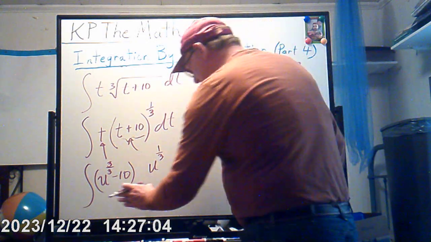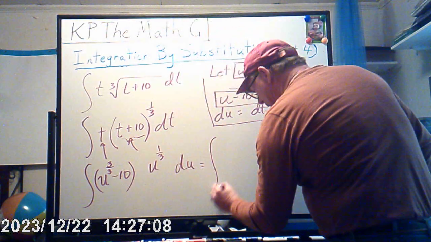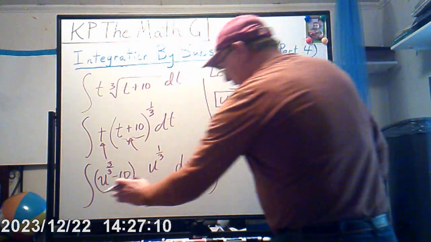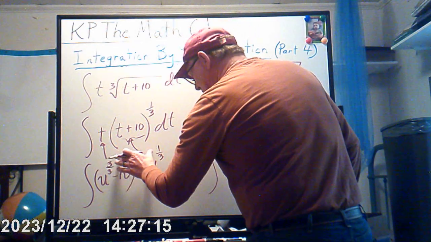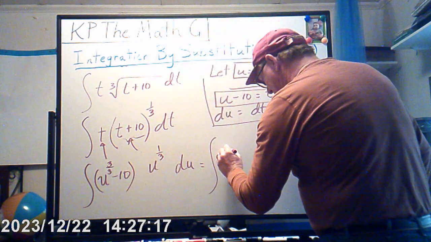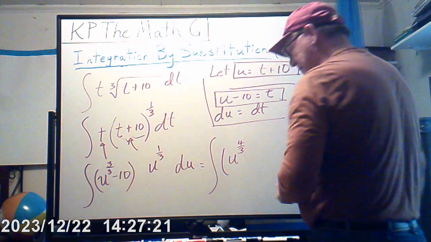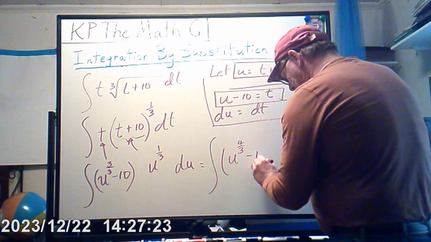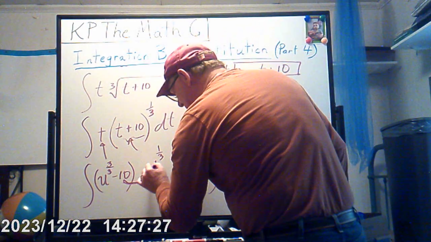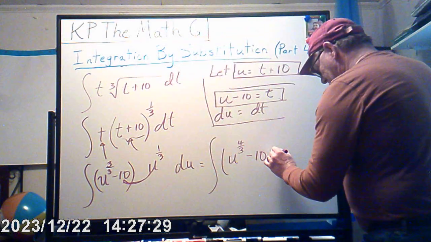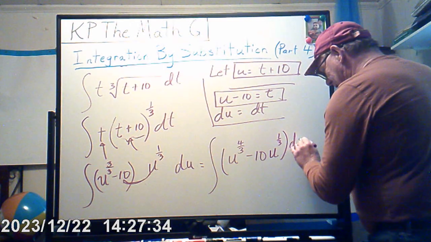Alright, so here we go. I like this. Now I can distribute this. Remember, when you multiply, you simply add the exponents. 3/3 plus 1/3 is 4/3. So u to the 4/3 minus 10 times u to the 1/3 du.